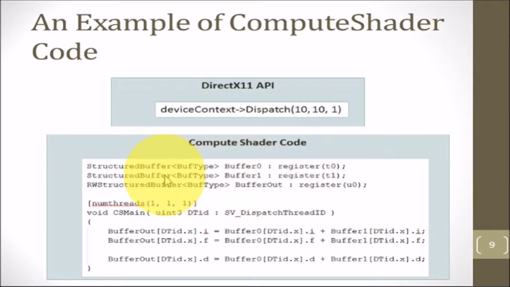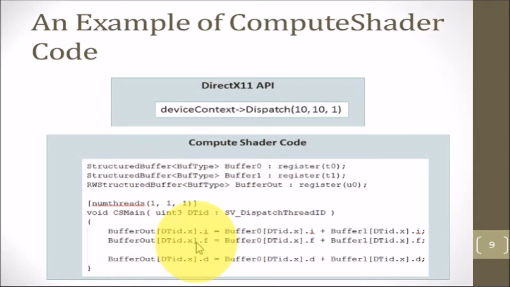Now this is a simple program for addition of numbers in an array. Here there are two input buffers from CPU which are passed on to GPU, which are buffer 0 and buffer 1, and they are structure buffer type. Another buffer, which is buffer out, is the output from the compute shader, which will be transferred from GPU to CPU so that the CPU can read the processed output.